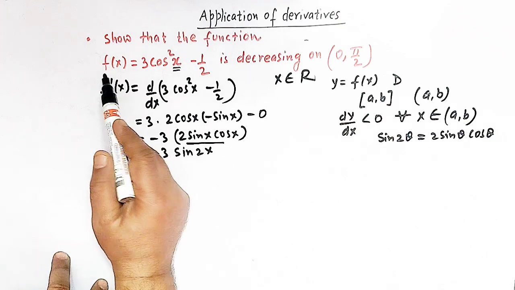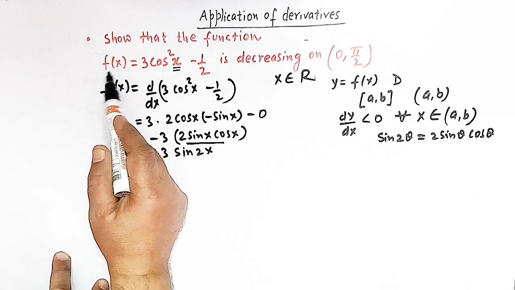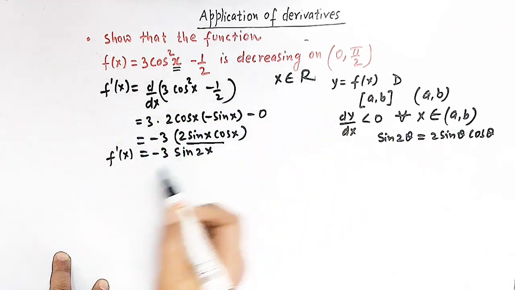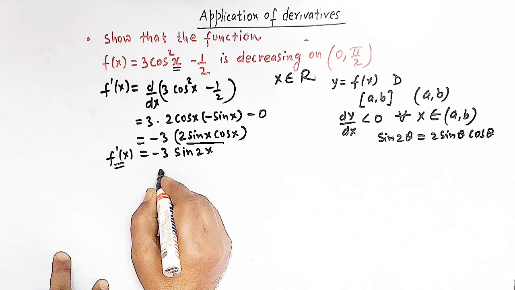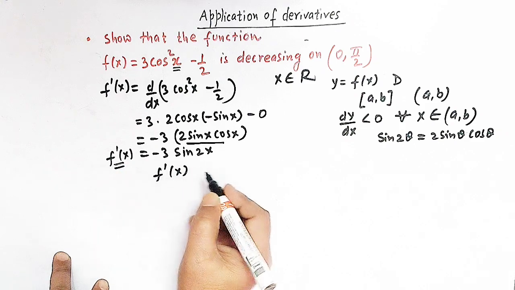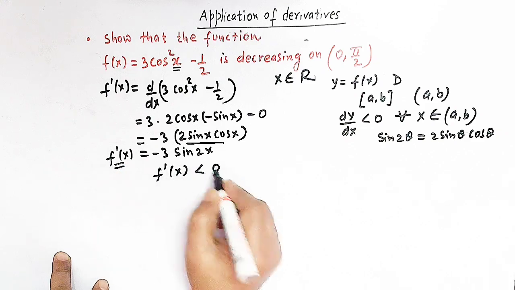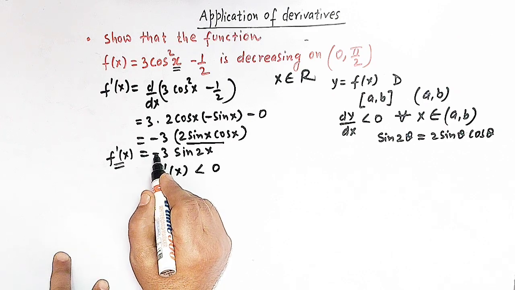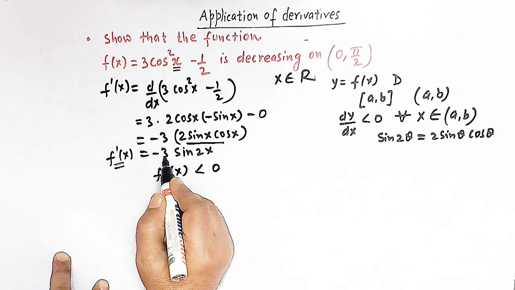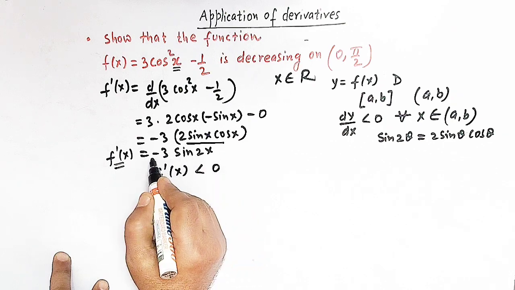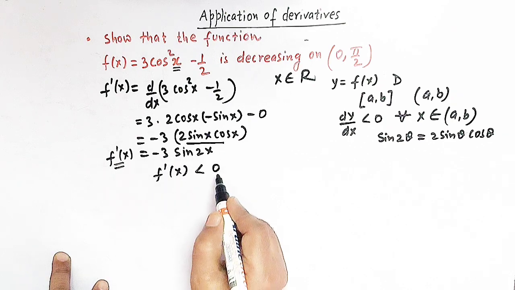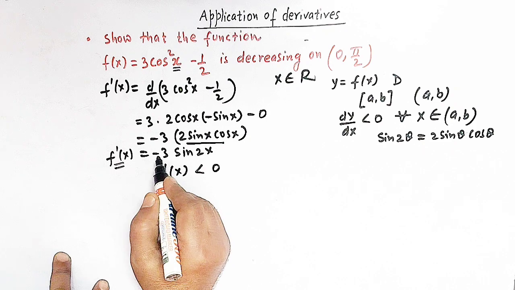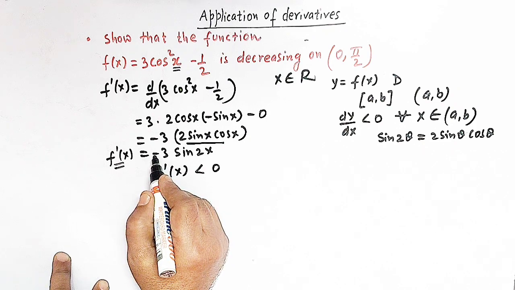Now if this function f of x is to be a decreasing function, then the derivative f prime of x should be less than 0. But here we have a negative sign, that is minus 3 sine 2x, and we are concerned with only the sign.